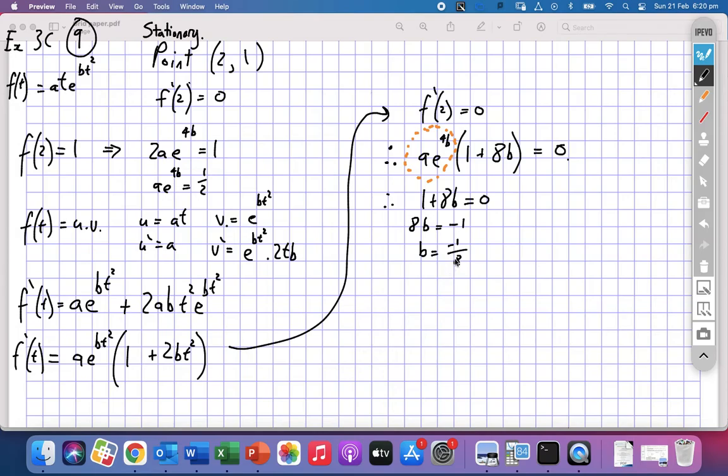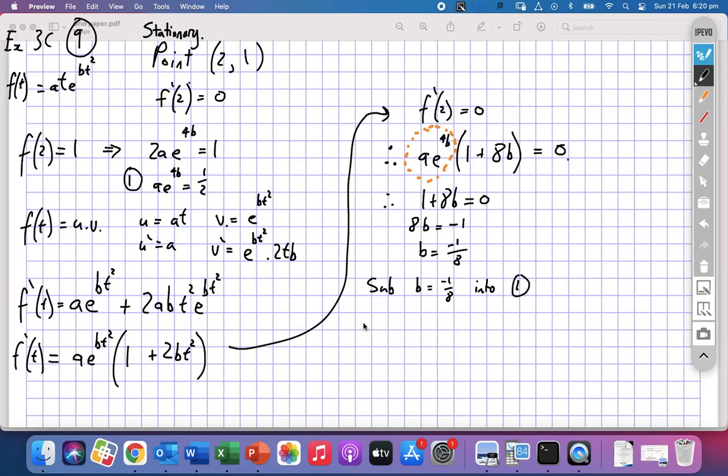Okay, if b equals minus 1/8, we can find a. Over here, we had a nice expression. Let's call this equation 1. We could sub b equals minus 1/8 into it.